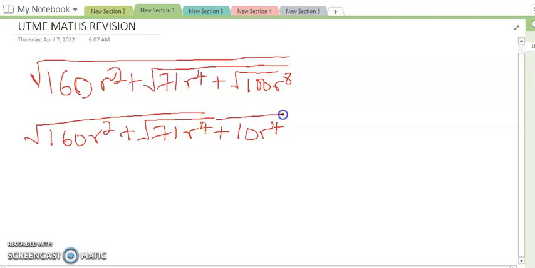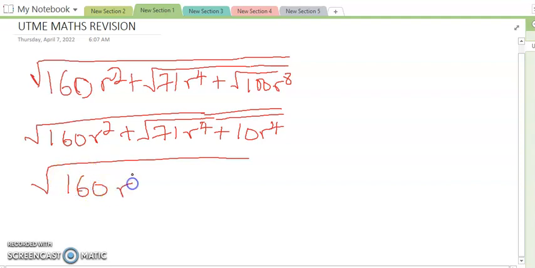Let us extend this. So what do we have? 71 r raised to power 4 plus 10 r raised to power 4. So the next line we're going to have square root of 160 r raised to power 2 plus 71 plus 10. That will give me square root of 81 r raised to power 4.